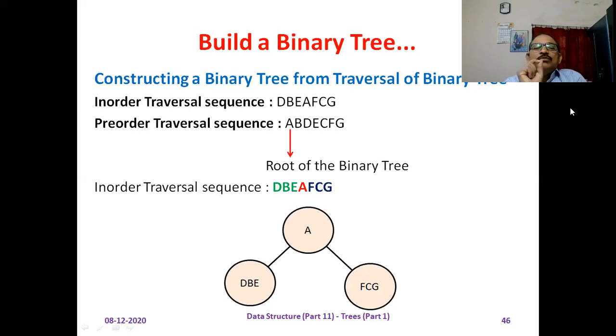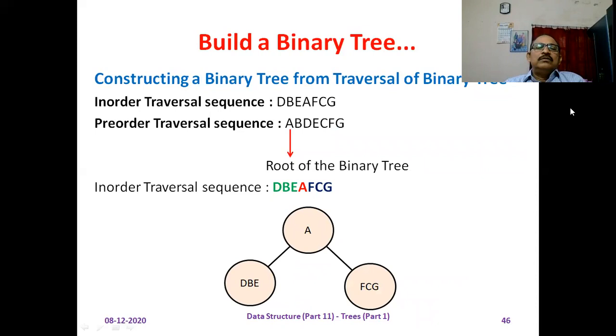The first node of the pre-order traversal sequence gives the information about the root of the binary tree. Here you can see the first node in the pre-order traversal sequence is A. Therefore, you can say that A is the root of the binary tree.